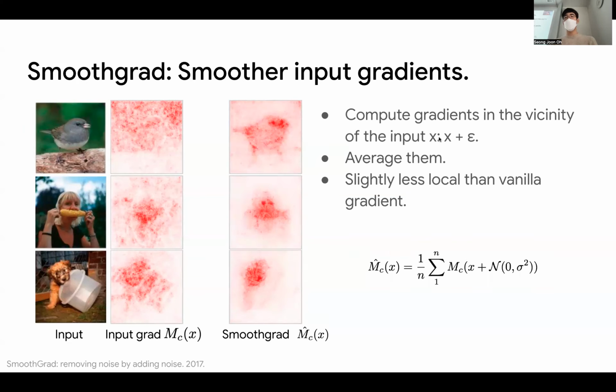So given input x, you do the perturbation epsilon, and then take the gradient around this x plus epsilon, and then average them across the different noises that you put on the image. And that gives you a slightly better estimate, because I guess the input gradient is super noisy as well. And so by combining different perturbations of the gradient, you can reduce the noise and finally see the relevant part of the image.